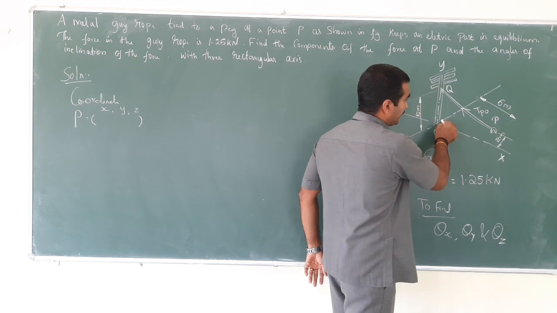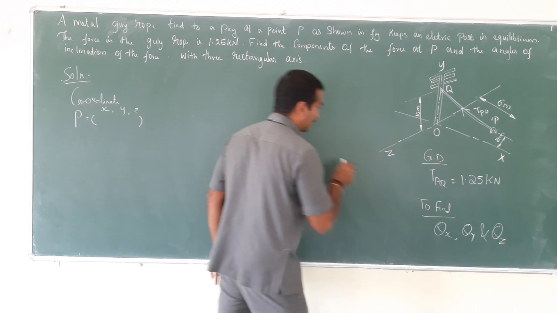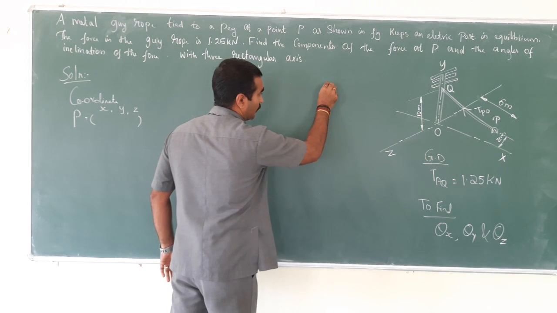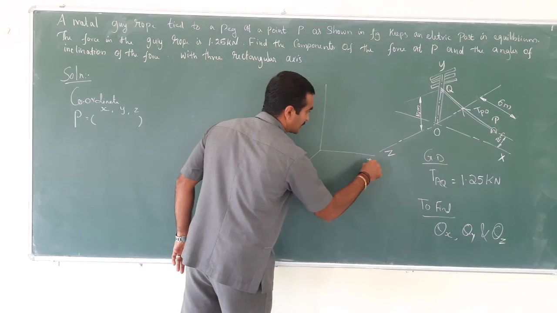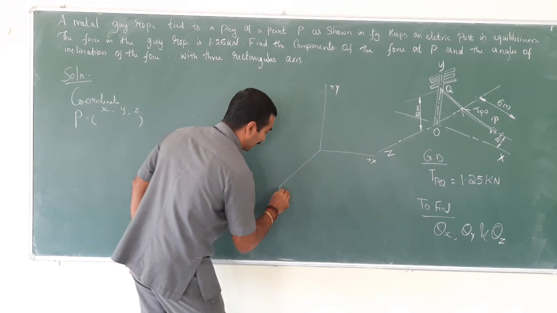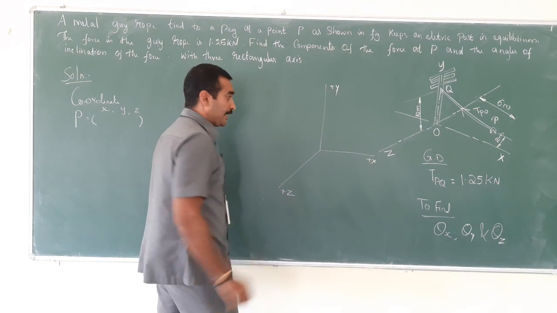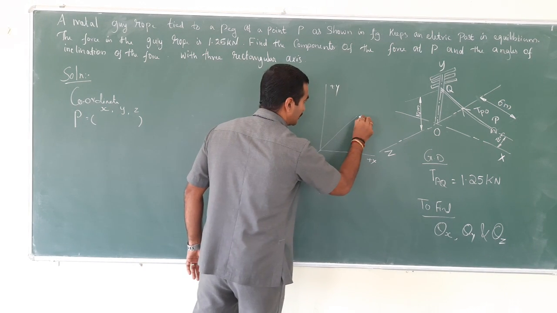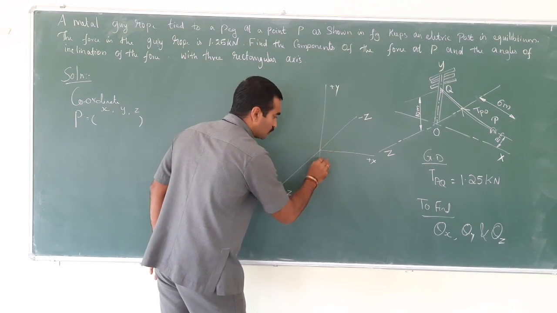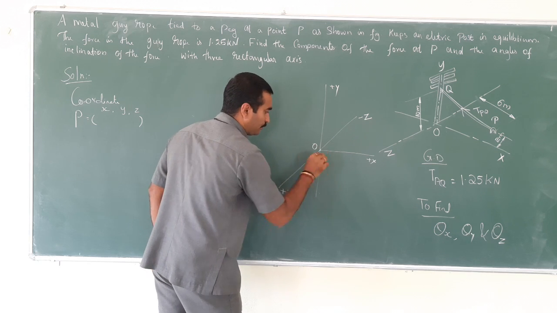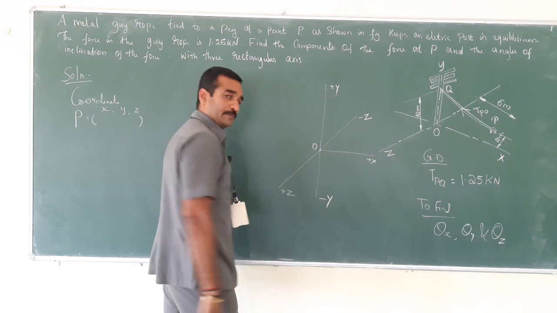Now look here. Let me draw a diagram for your better understanding. This is plus x, this is plus y and this is plus z. If the axis moves in this direction, this could be minus z. If the y axis moves from the origin below, this would be minus y.